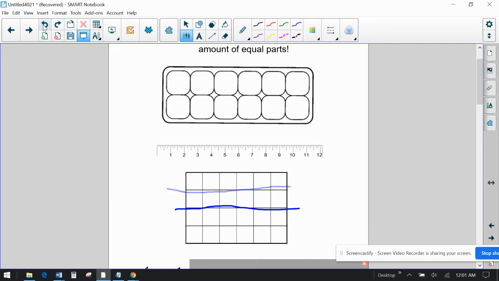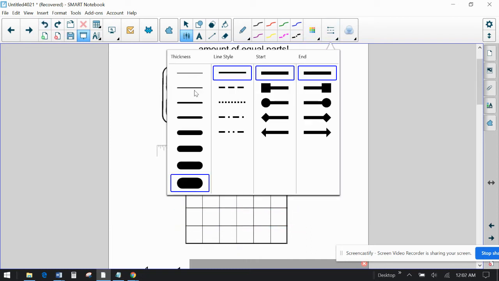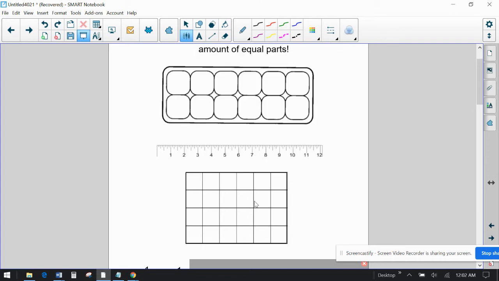And next, we're going to talk about thirds. Thirds kind of beat to a different drum. There's not 3 equal parts, there's not 3 rows, there's not 3 columns.